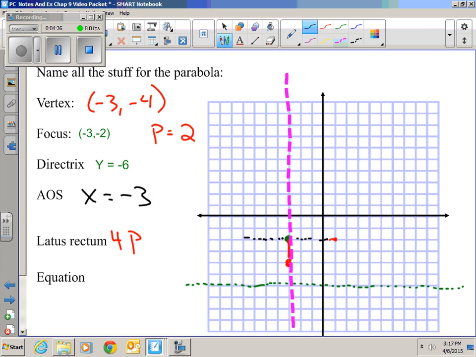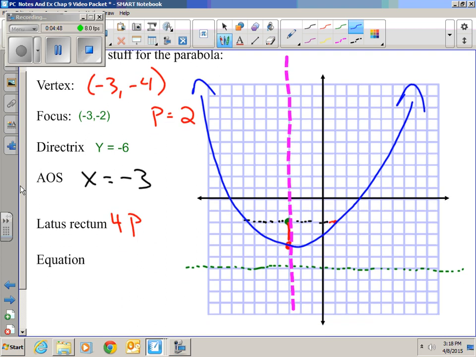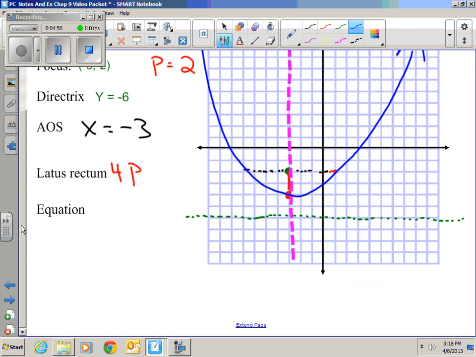And my parabola is now going to look like this. It's going to be a parabola that's actually relatively wide. That's just a rough sketch. And the equation now is going to be y equals a times x minus h squared plus k. Well, h, of course, is negative 3. K was negative 4.